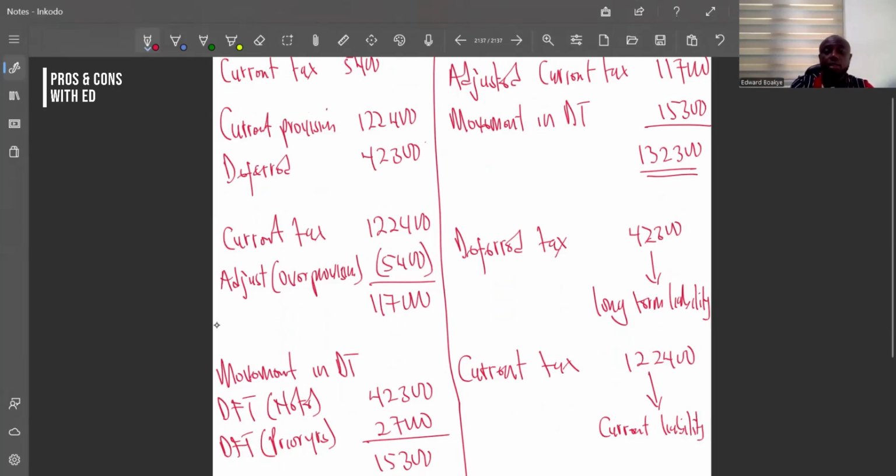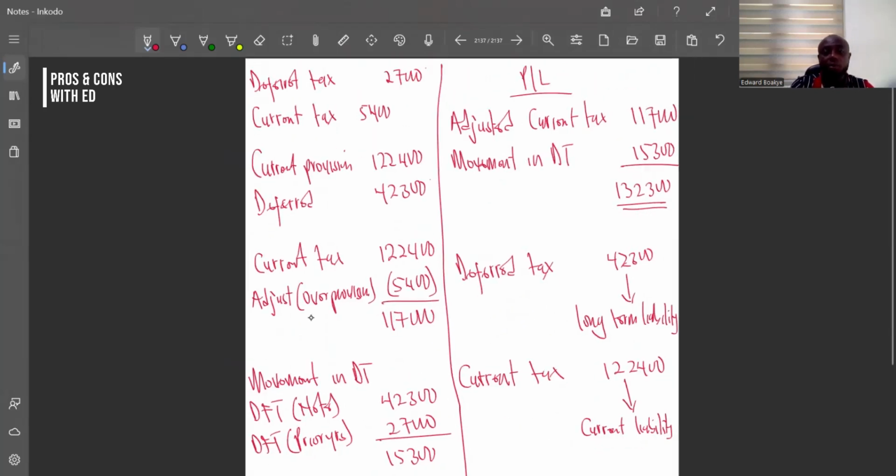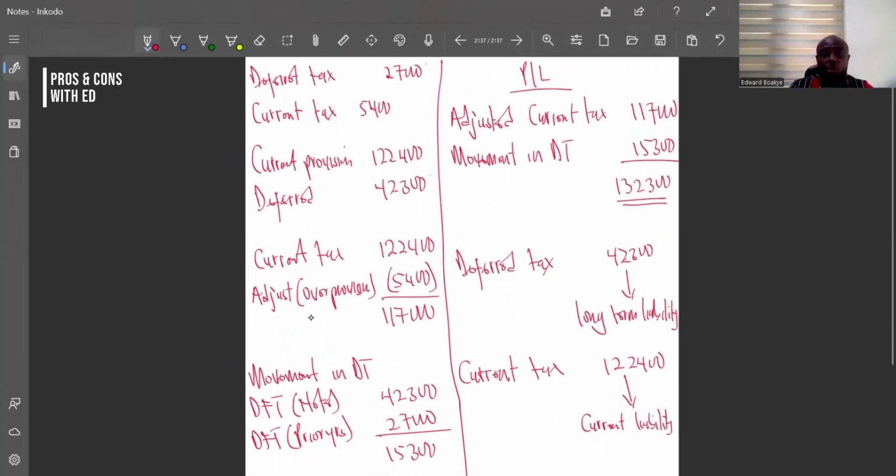So basically, this is all about the recognition of your taxes in your financial statement. It's really not difficult at all because the principle is very simple. Once you go through the principle, know how to calculate your deferred tax as we showed the last time, and also know how to calculate your current tax as we had the last time, that will make things very simple for you.